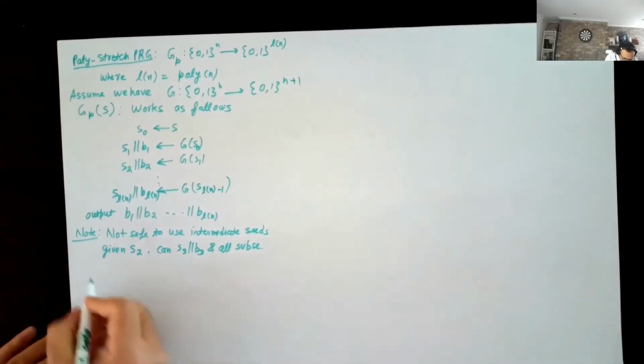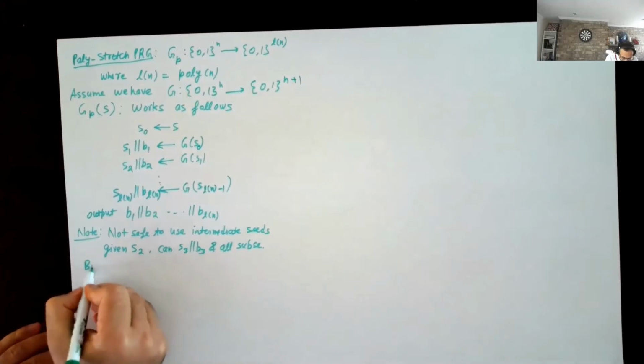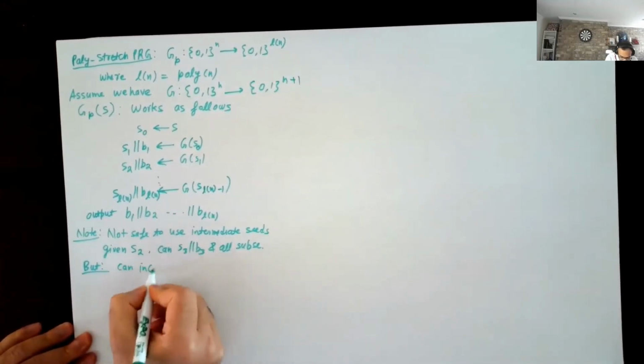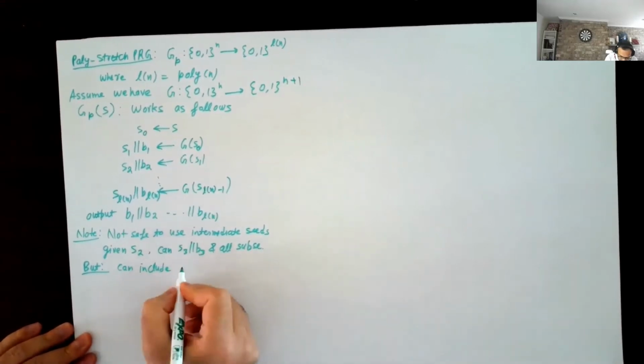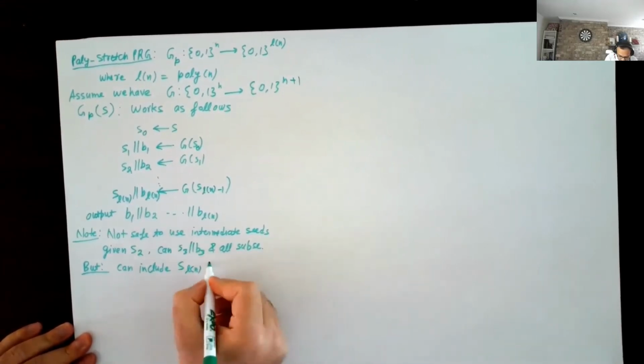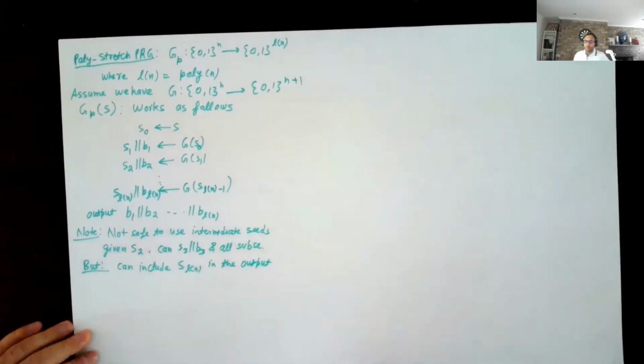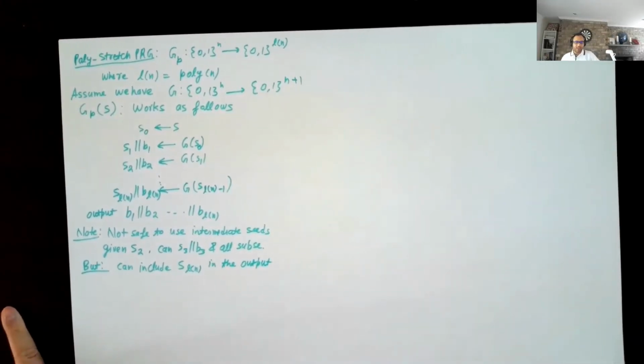But on the other hand, you can include S of L of n in the output if you wanted to, right? That would increase the output by a further n bits.